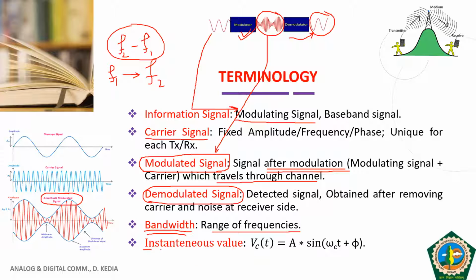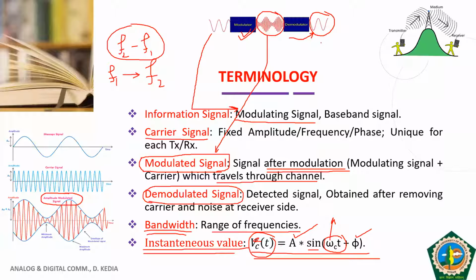Then another important term is instantaneous value. Look carefully at this sinusoidal equation. Your A is amplitude. This is your sinusoidal signal. Omega C T, where omega C is your carrier frequency that you already know. Phi is phase. Now what is this v c t? In fact it should be a small v c t.